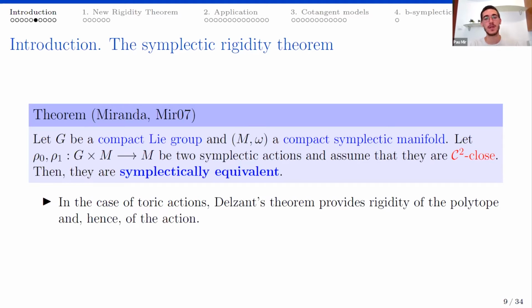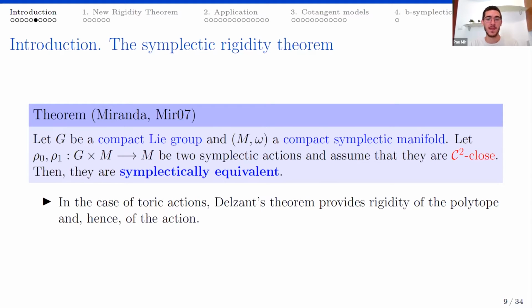So these two actions are conjugated by a symplectomorphism. So they are not only equivalent, but symplectically equivalent. The only detail is that you have to require more than Richard Palais requires in his theorem. You have to require that they are C2 close, because in the proof you need to differentiate 2 times instead of 1.